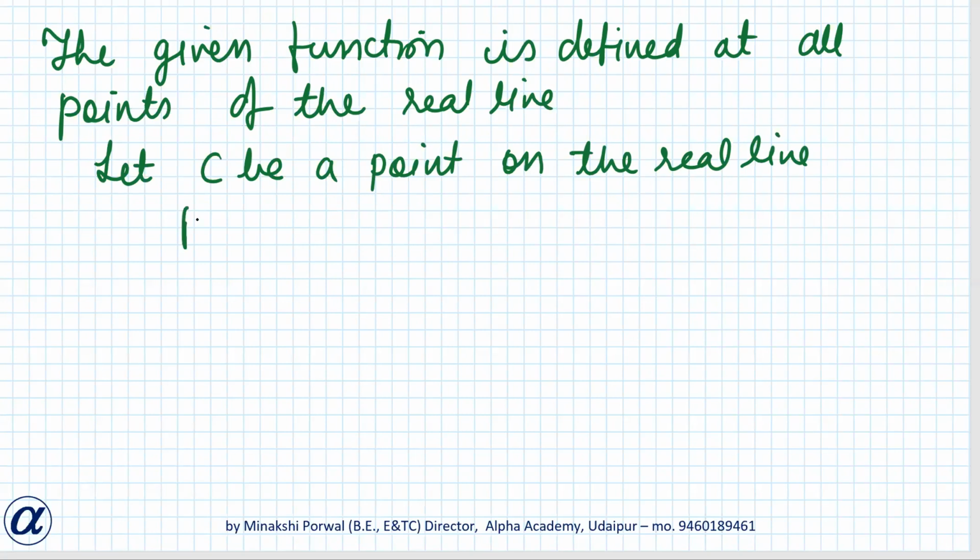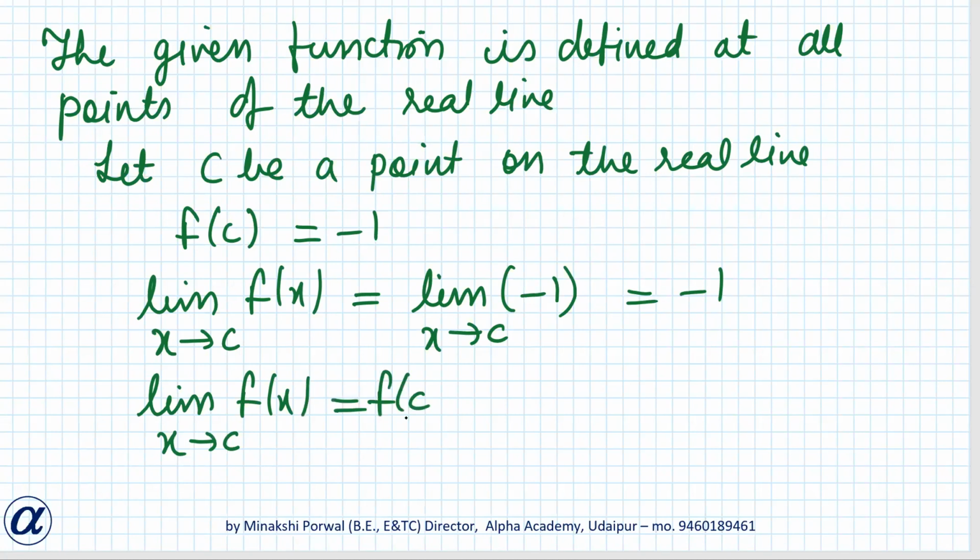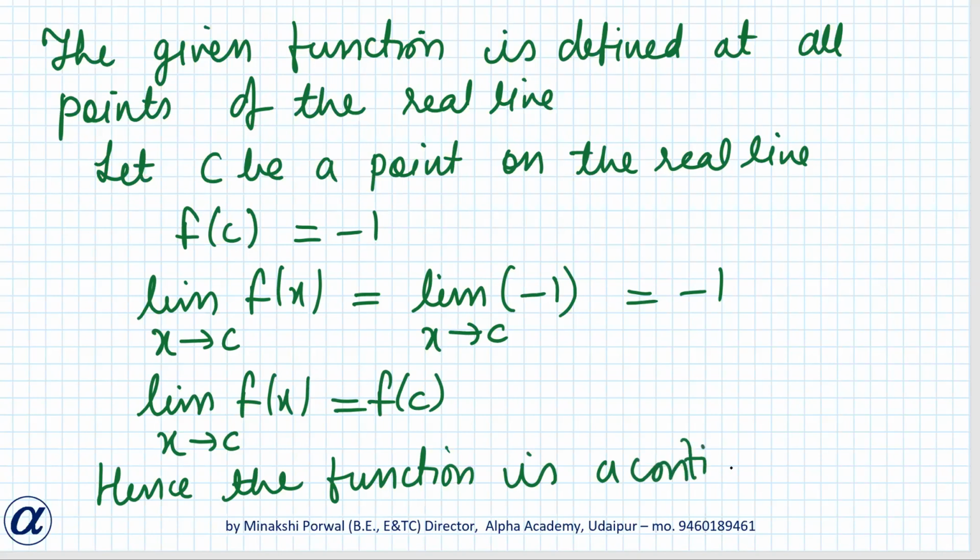So we'll just find that every value is equal to -1 and limit x tends to c f(x) equals to limit x tends to c of -1, that is also -1. So limit x tends to c f(x) equals to f(c). So hence the function is a continuous function for all values of x.